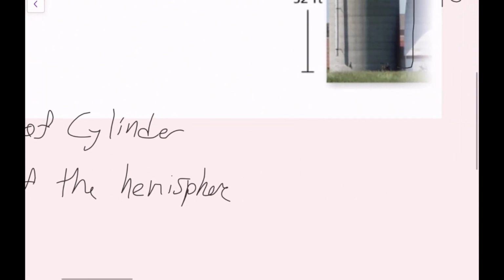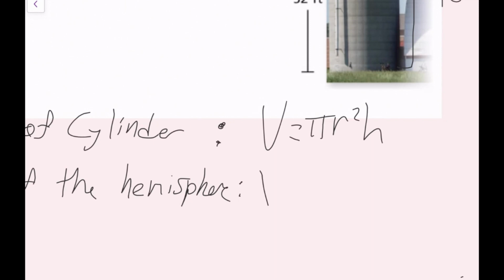So volume of a cylinder, the equation for that is V equals pi r squared h. And then for the hemisphere, well, for a full sphere, it's 4/3 pi r cubed. But for a hemisphere, we have to divide that by 2. So 4 divided by 2 is just 2. So for the hemisphere, it's 2/3 pi r cubed.